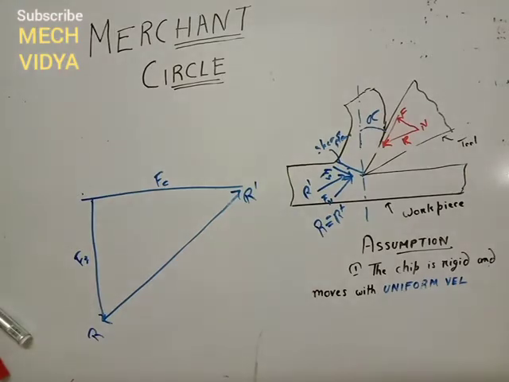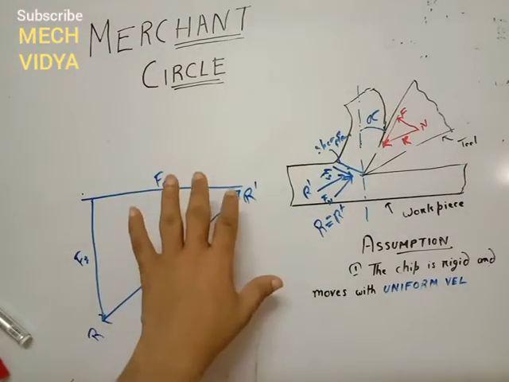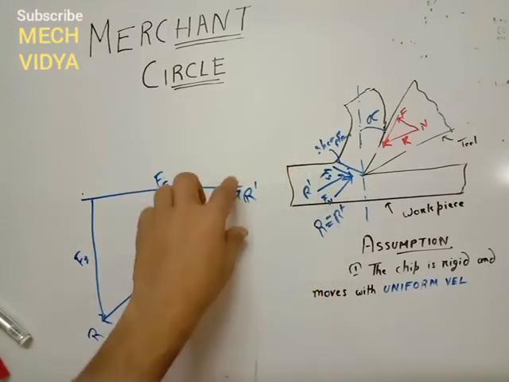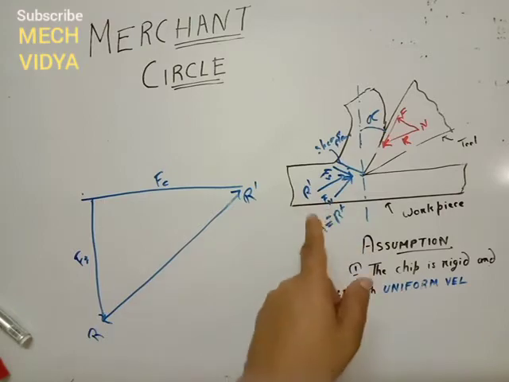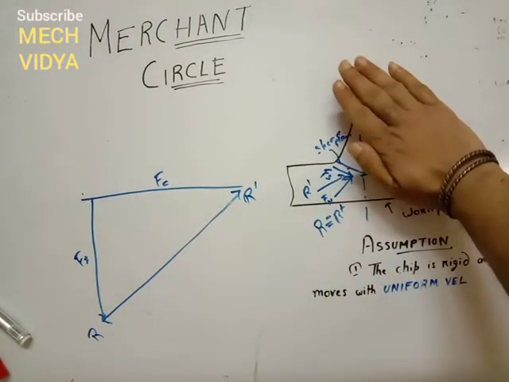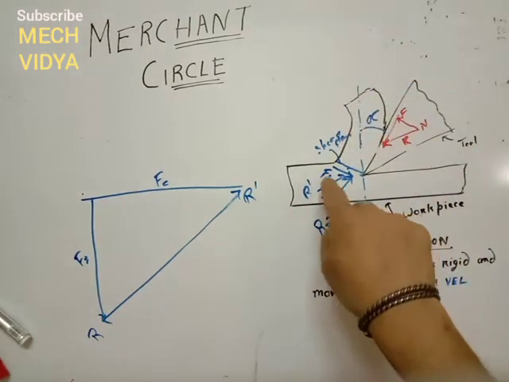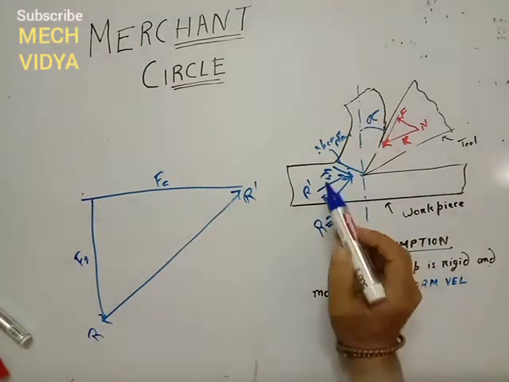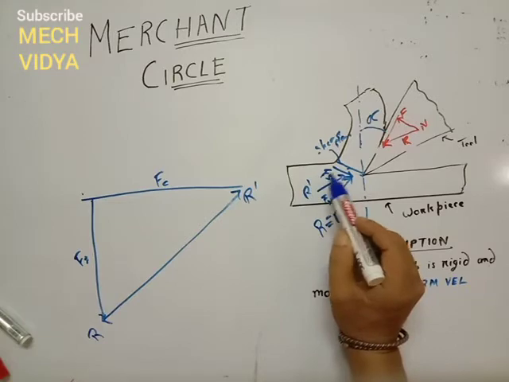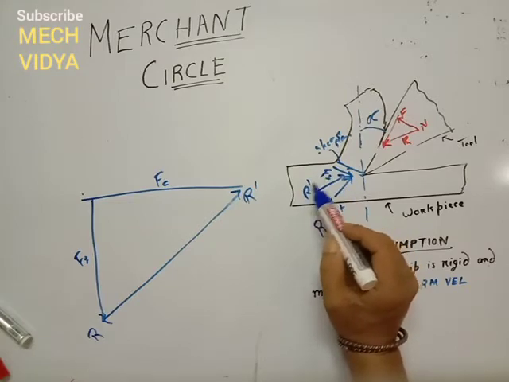Now I will try to show the forces that are working on the chip from the workpiece side. Just forget about this tool side. We will plot Fs and Fn here. How to do this? Now see, this Fs is the shear force that is acting on the R dash side.